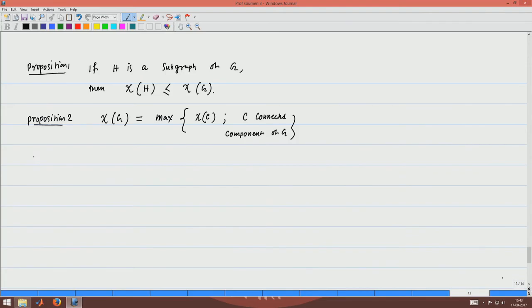Okay. So, this also is easy, we are not going to prove this one, and some special graphs like Kn, the complete graph with n vertices, then the chromatic number of Kn.